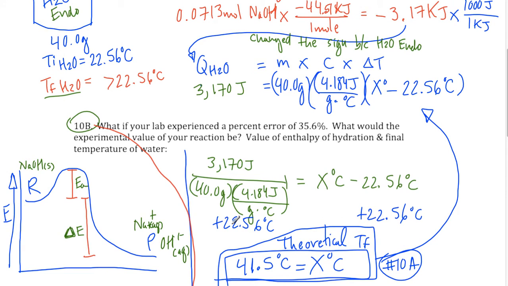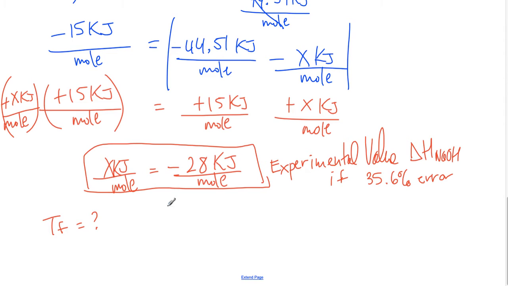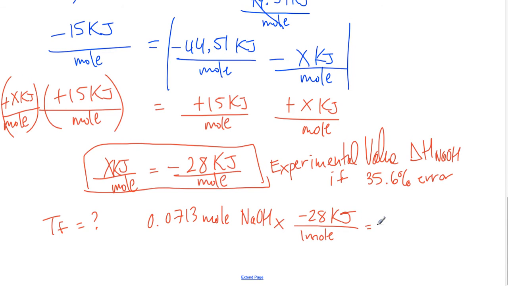So we have 0.0713 moles of sodium hydroxide. So here we go. We have 0.0713 moles of sodium hydroxide. And if we multiply this times negative 28 kilojoules for every 1 mole, what we get is, let me just do this for you real quick.